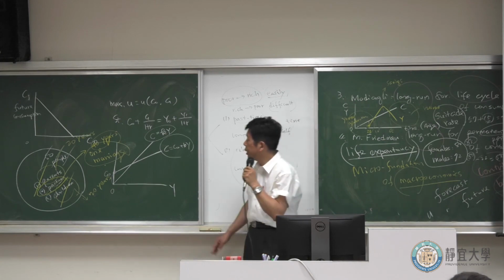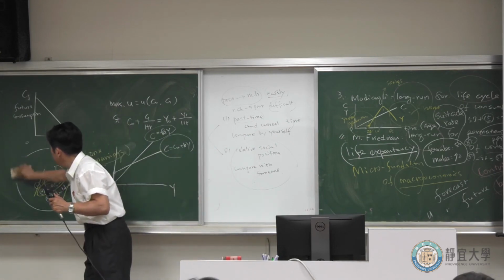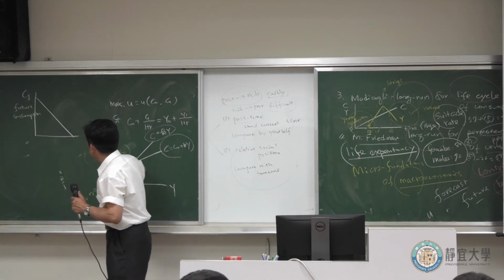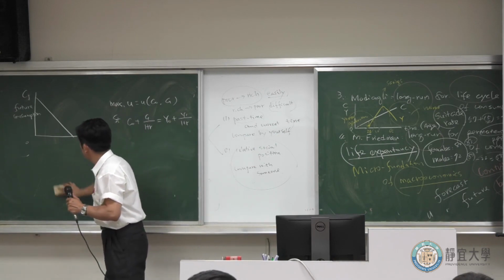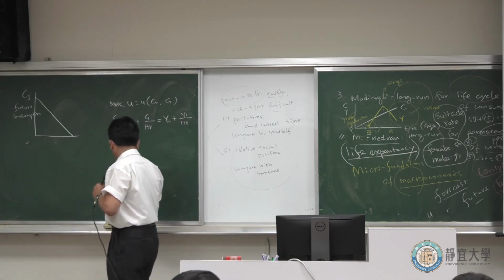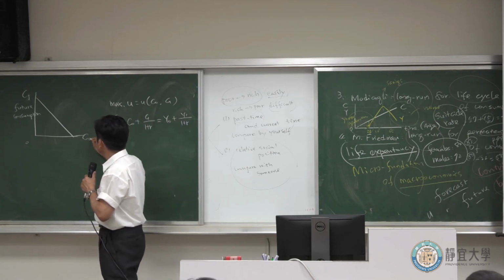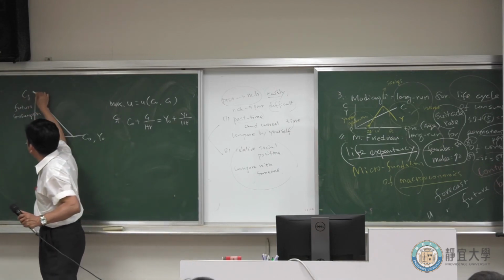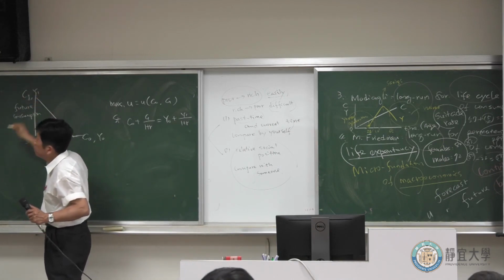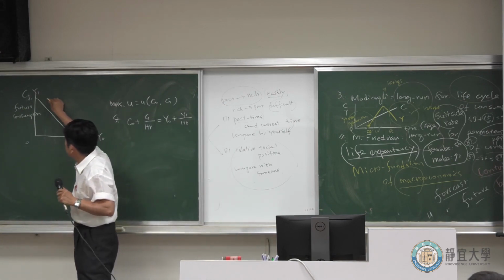So here, you can just try to see this one. So here, you can see C0, Y0, and this is the C1 or Y1. Okay. So you can look.